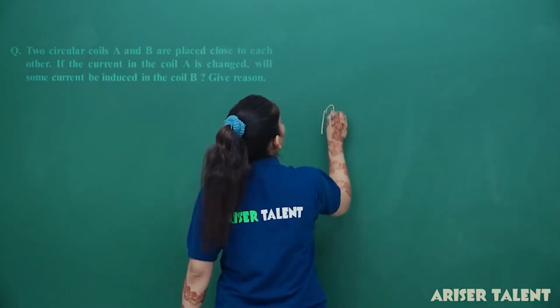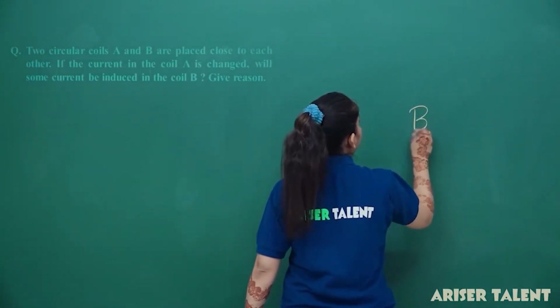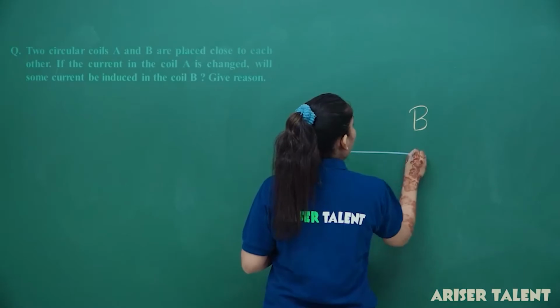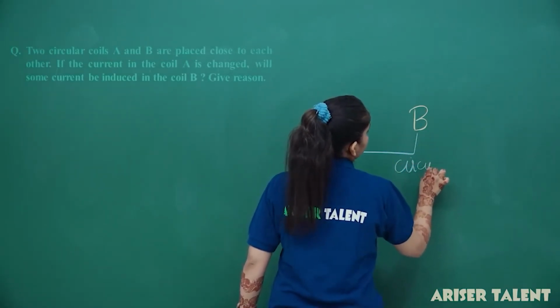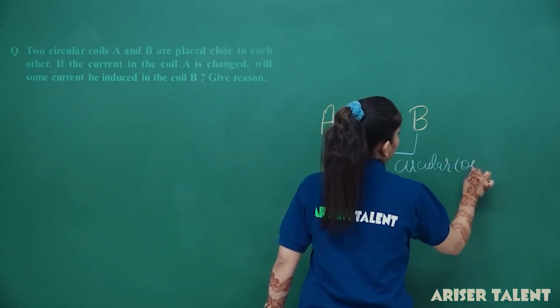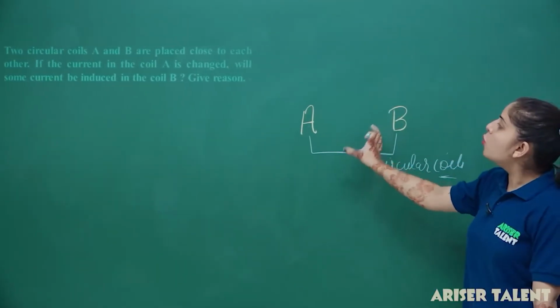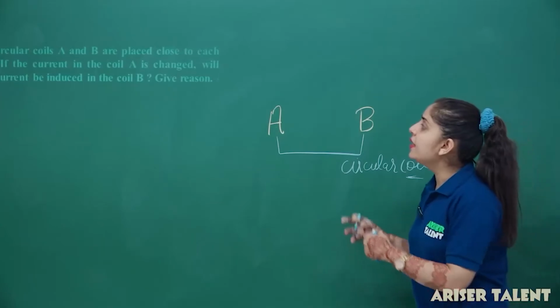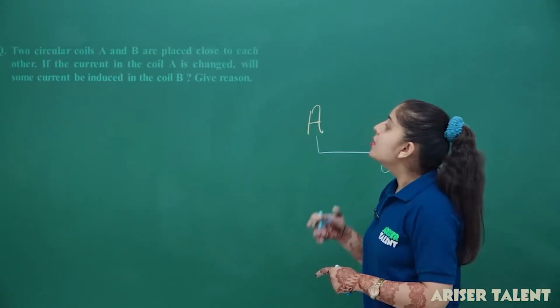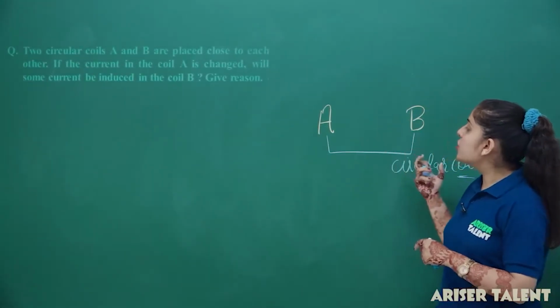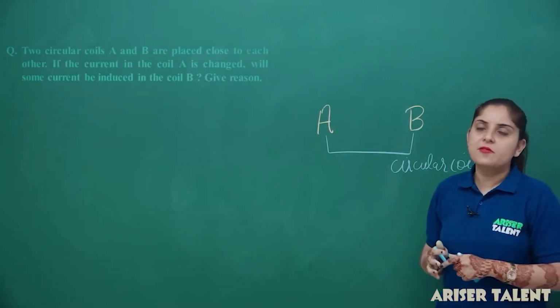What you have are two circular coils A and B. These both are circular coils. Now, these are placed close to each other, but if the current in coil A is changed, will some current be induced in coil B? You have to give the reason for this.